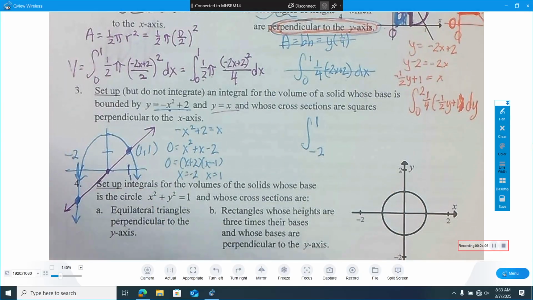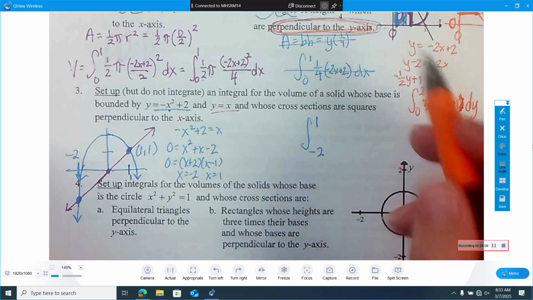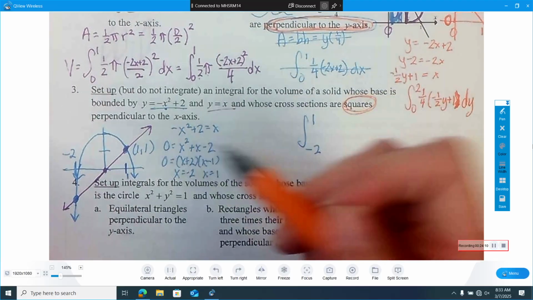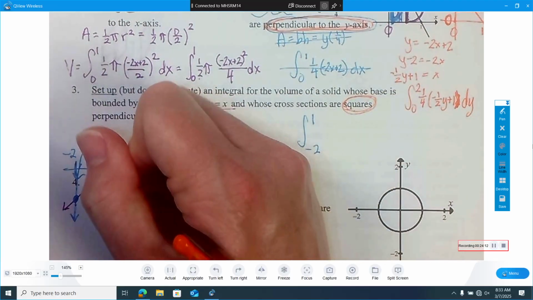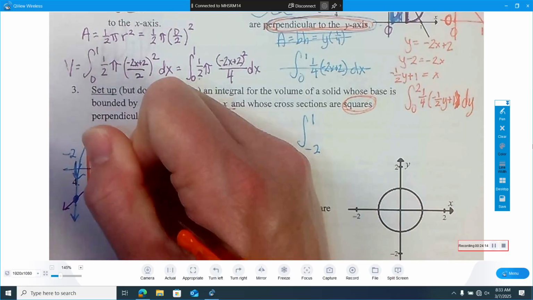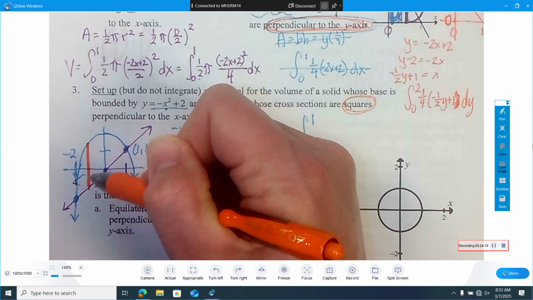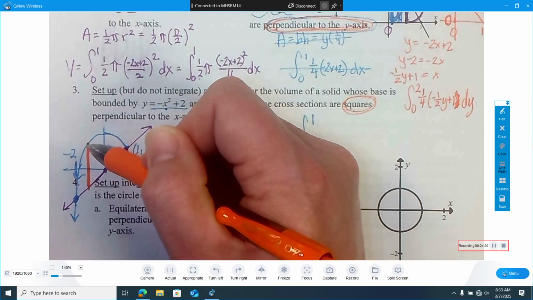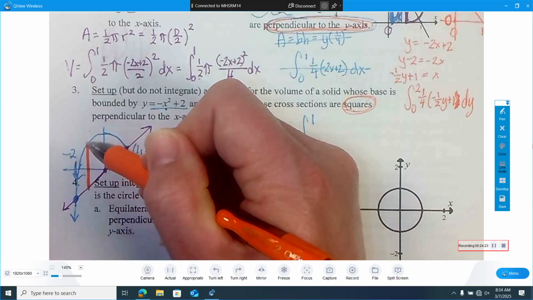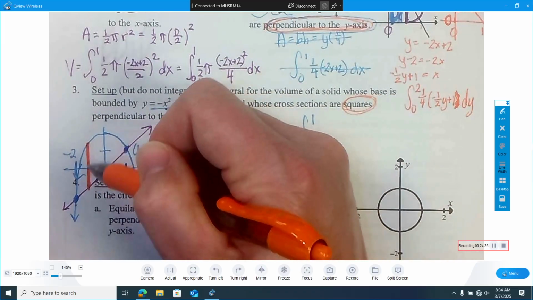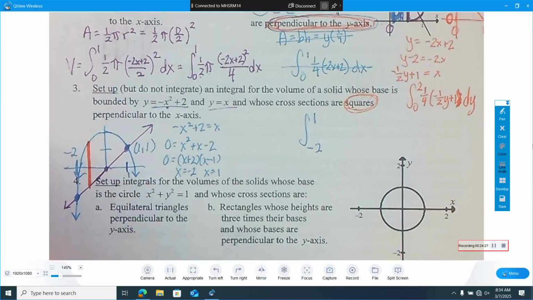Now, what are our shapes here? Whose cross sections are squares perpendicular to the x-axis. So what I need to figure out is the base of my square going from top to bottom. How long is that? How do we figure out the distance?